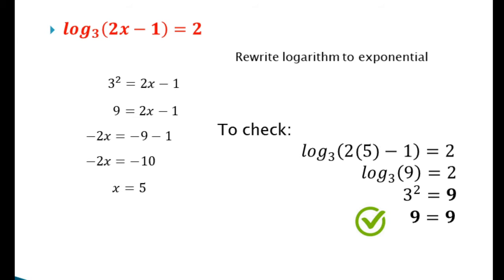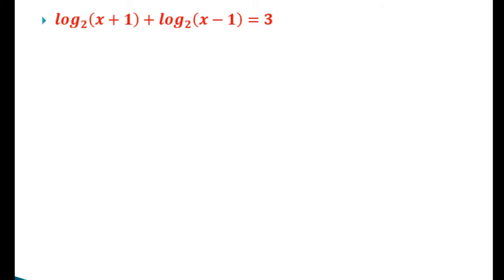Now let us have another example. You have the logarithm of the quantity x plus 1 base 2 plus the logarithm of x minus 1 base 2 equals 3. Observe that we are already using an addition in your logarithmic equation.